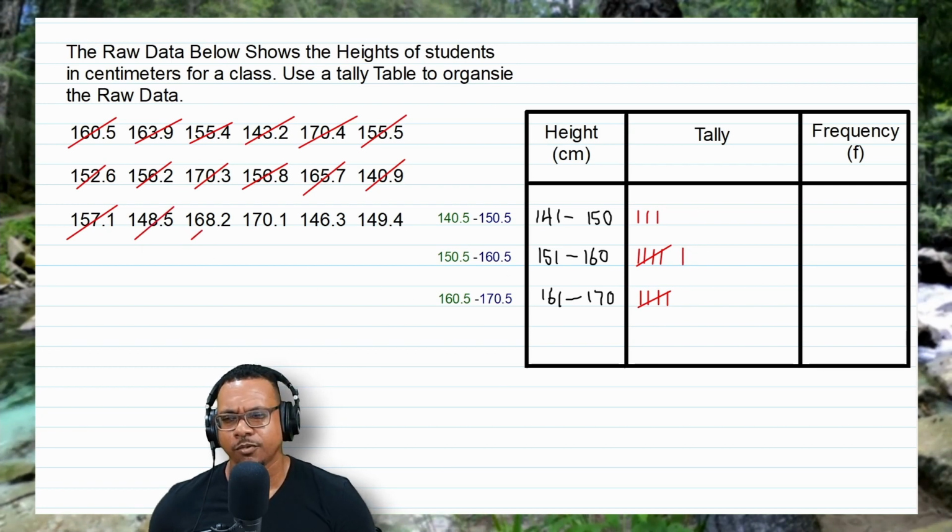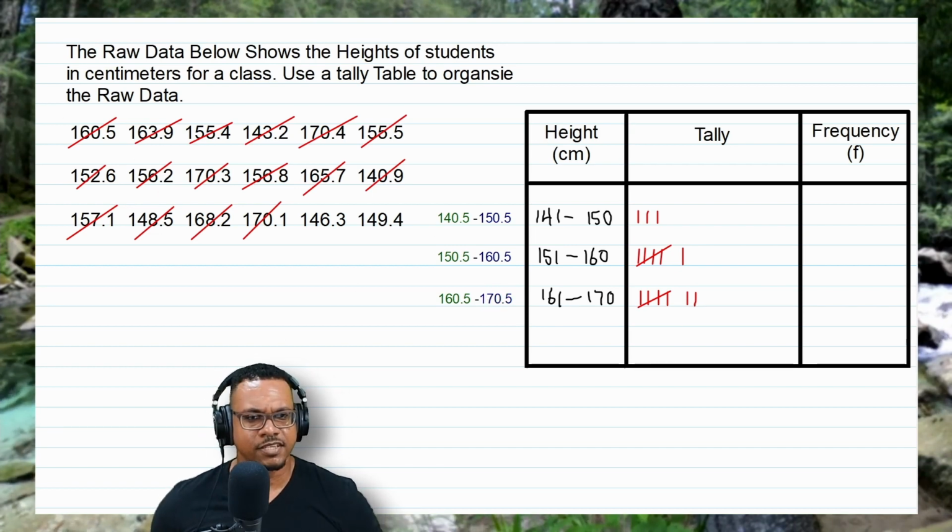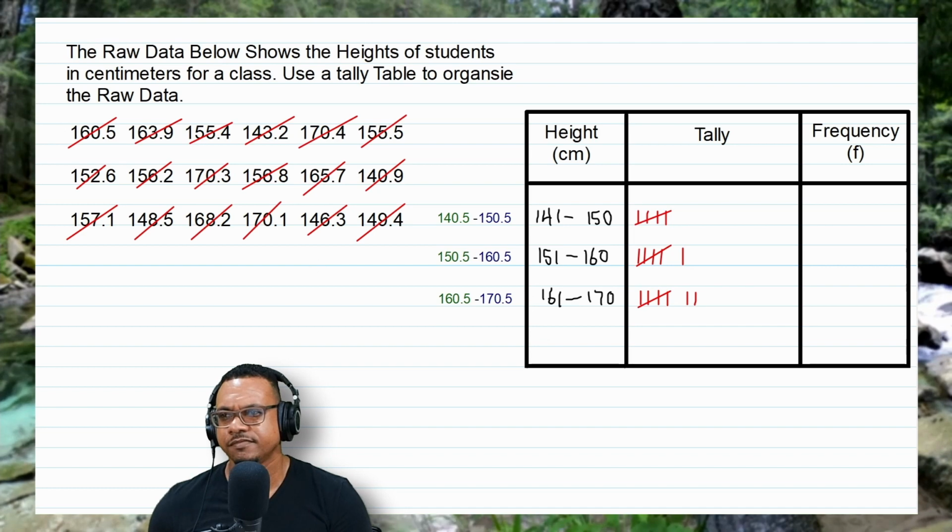That's here. 168.2. That'll be here. 170.1. Again, that falls within this class interval because we go up to 170.499. So that comes here. Then we have 146.3. That comes here. And then 149.4. So that'll come here and make it 5.